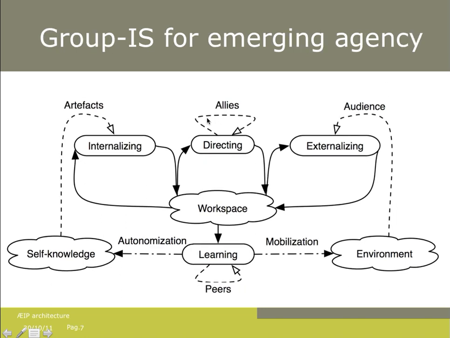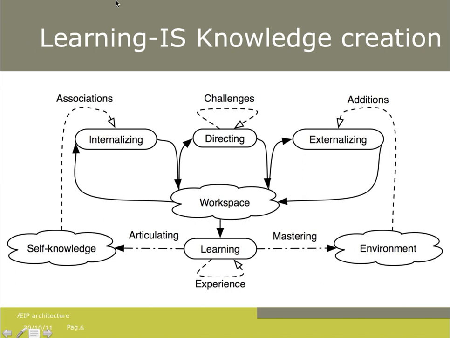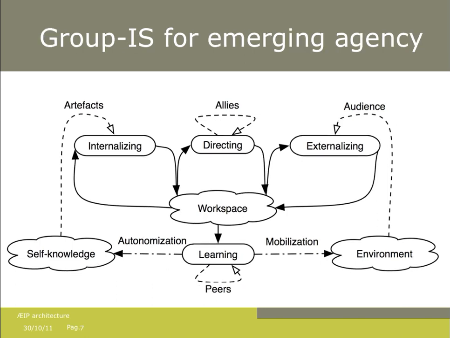While in the next one, so this is going to be the first model. So the concept for creating knowledge is going to be the first model we are going to call the learning information system, and there is some other literature that can actually reinforce this model.